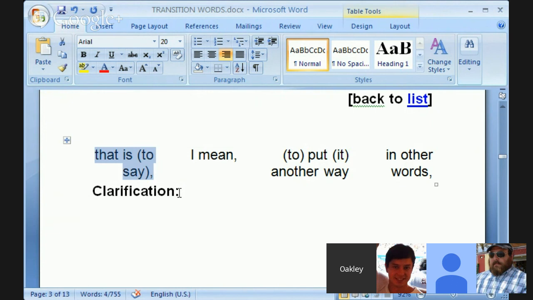I mean, okay, if you dealt with native speakers, you know that we use these phrases all the time. In other words, probably many of your teachers are not sure if you're understanding a concept, so they will use these. In other words, they will state it another way. To put it another way, all right, these are also very common. All right, so it's just a way of saying, okay, now listen, I'm going to rephrase what I'm saying. And there's another, I might say to rephrase, actually is another one that belongs in this list.